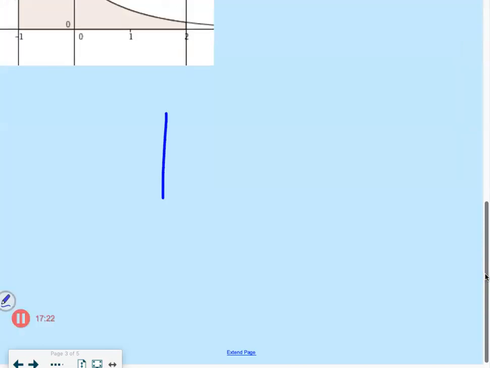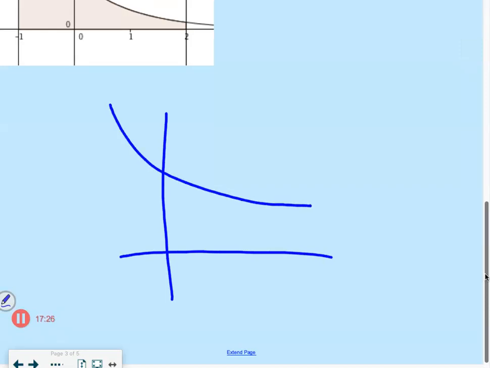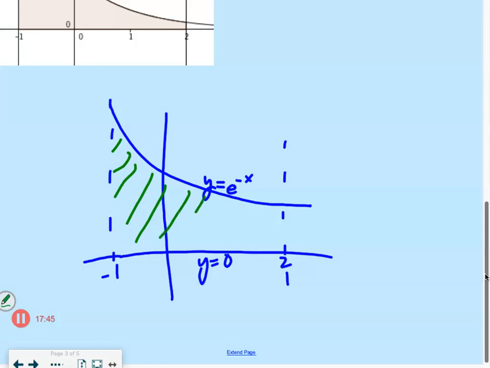For the other class, I drew it with a little bit more space so it was easier to see. Like that. Okay, so this is y equals e to the negative x, y equals 0. And the region that we're integrating over is that.